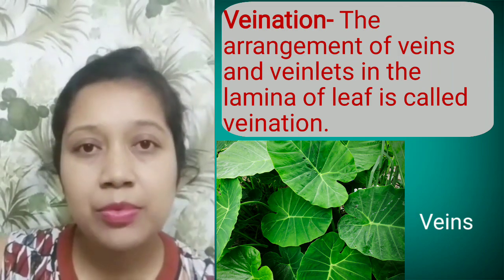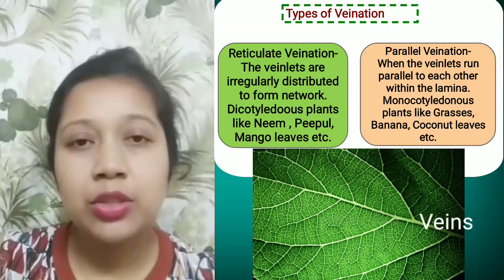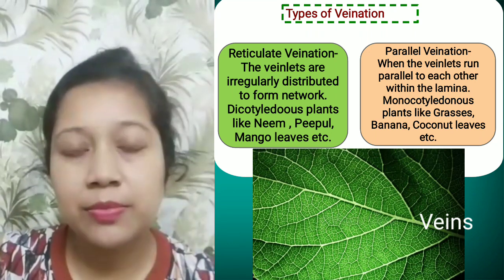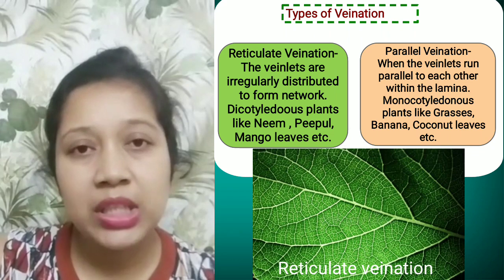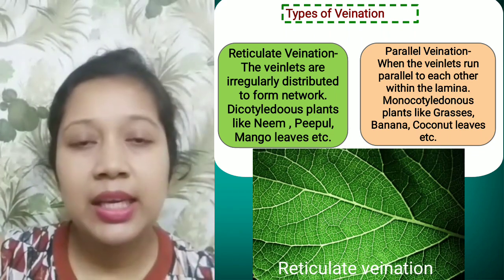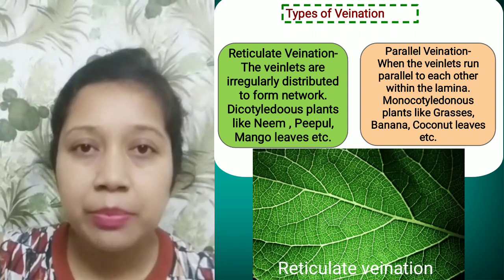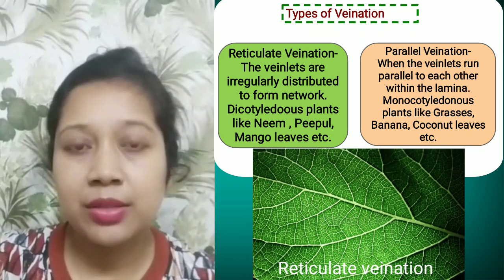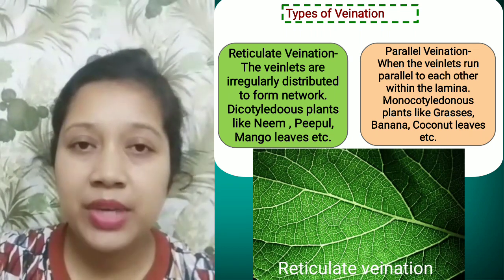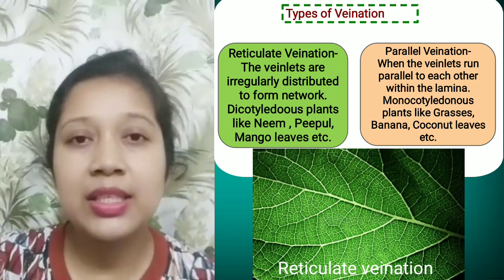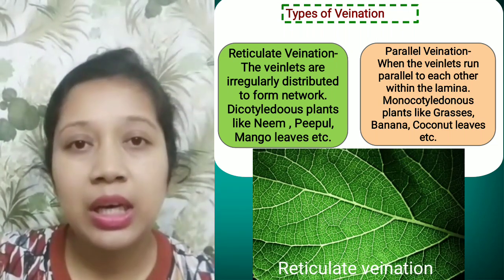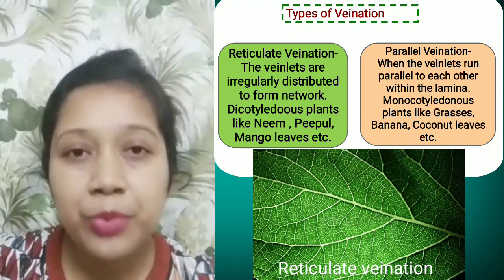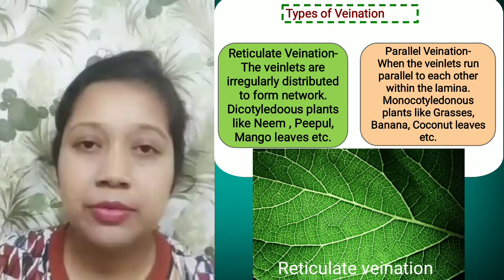Now let's come to the types of venation. We get two types of venation: one is reticulate venation and the other is parallel venation. Reticulate venation is when the veins and the veinlets are born from the midrib region and take a network-like pattern, because the different veinlets grow one over the other and form a network pattern which spreads in the lamina of the leaf.